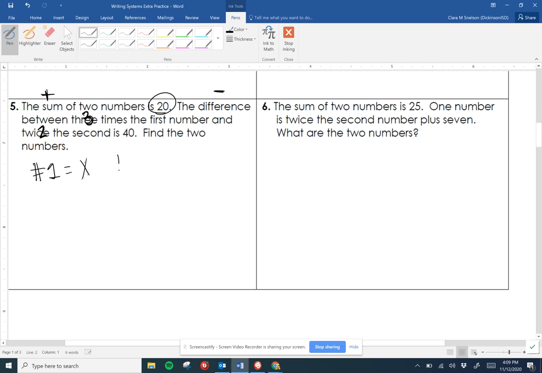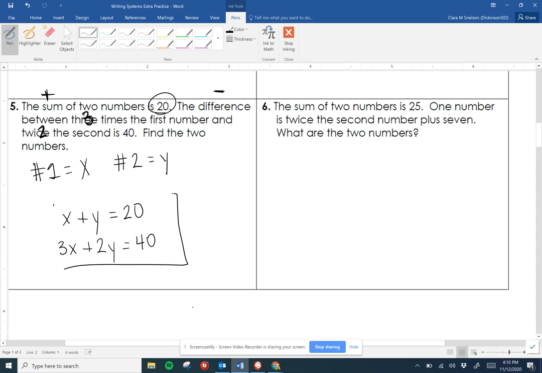Our second number is going to be y. So x plus y is 20. And then it says 3x plus 2y is 40. Okay, so it's kind of like a little puzzle.